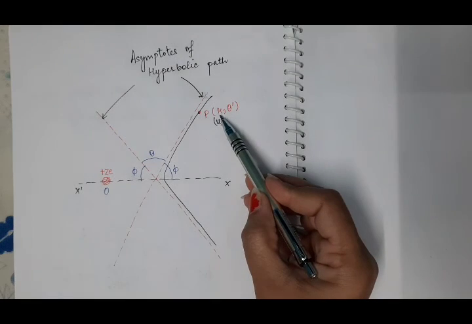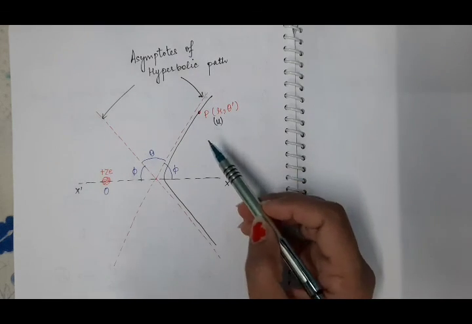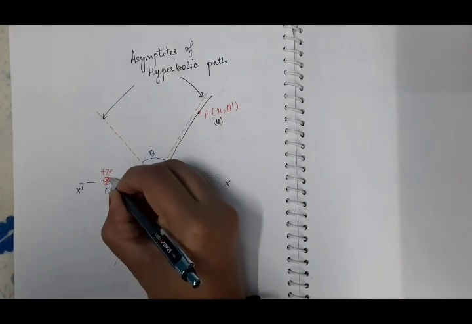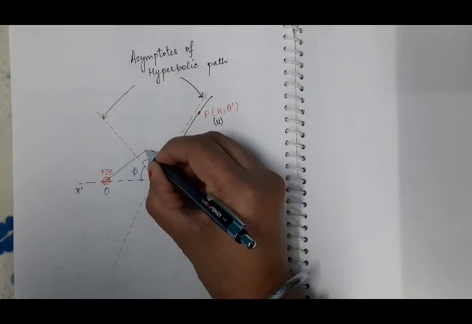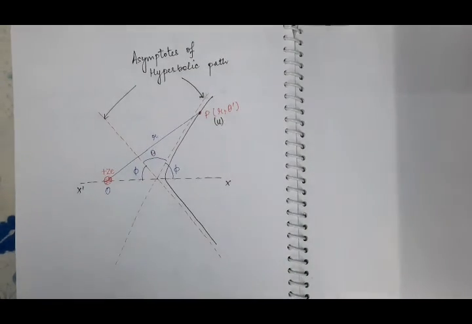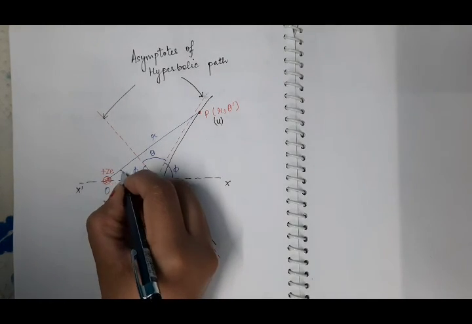So this r is the radial distance from the origin. So it will be this distance. This distance is r. And this angle is theta dash.